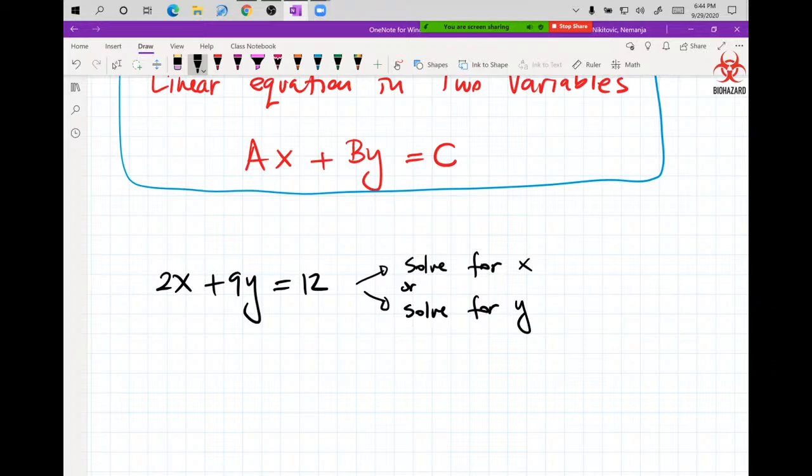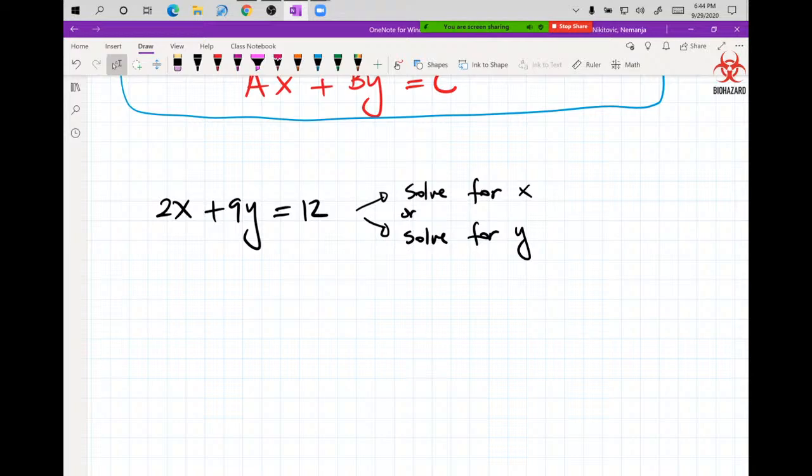And this would be equivalent to those questions you guys had in 2.4 called formulas, where you had to flip an equation to solve for the variable that is asked in the problem. So if I want to solve for x, that's going to be orange, and then solve for y, it's going to be blue.